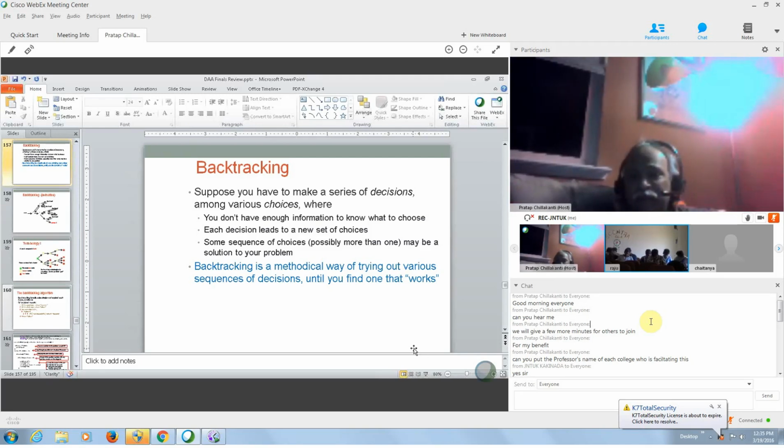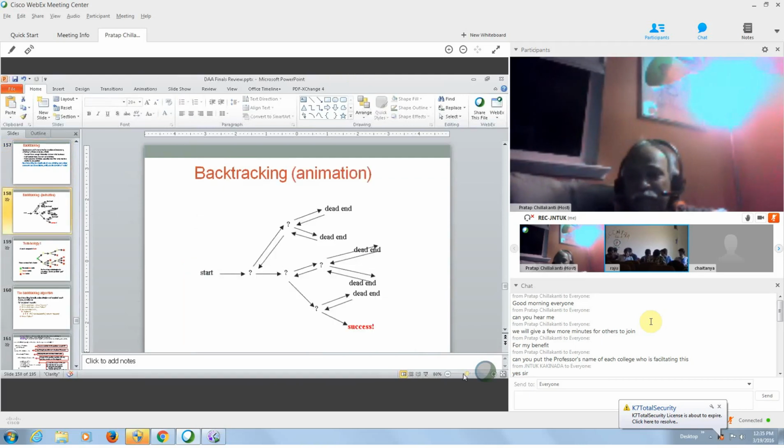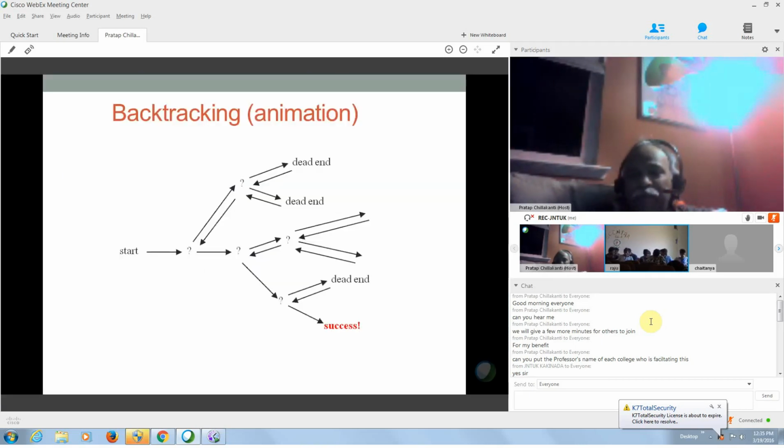We considered these nice little graphs that we had here, if you recall. So you start, you keep going this way and you reach a dead end, so you come back. Once you come back from the question mark, you go to the right side of it. If you reach a dead end, you backtrack. Then you backtrack one more time, then you go forward like that.